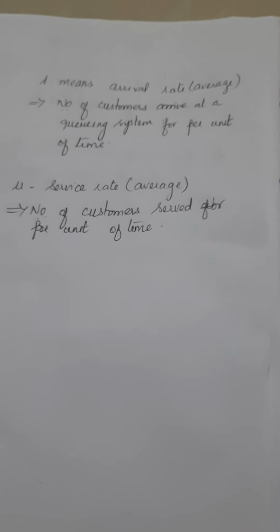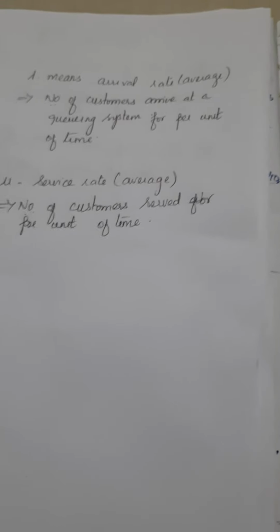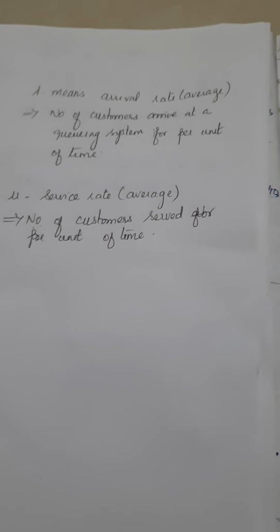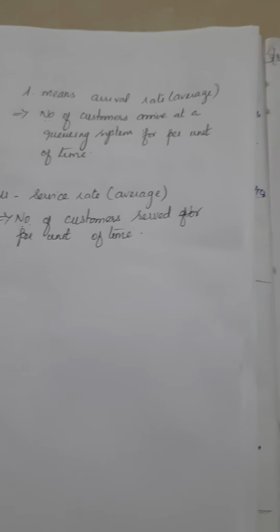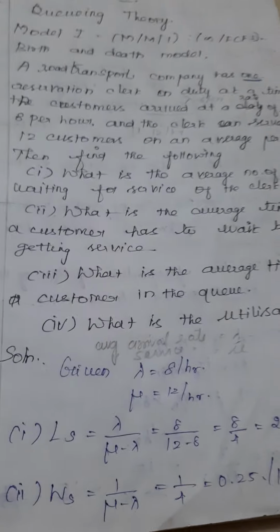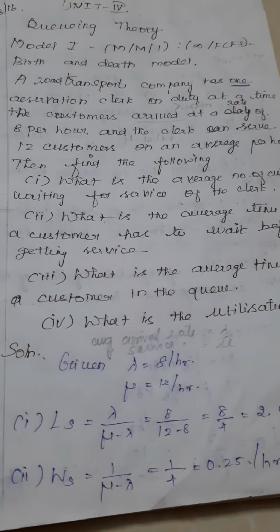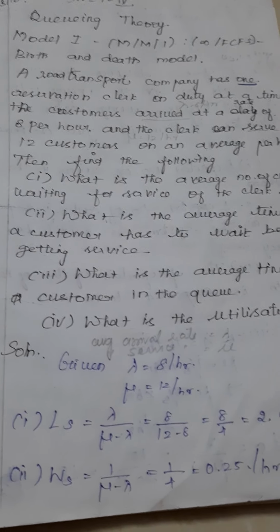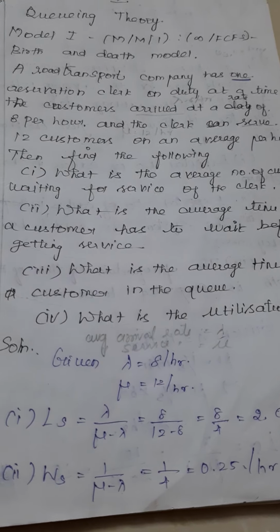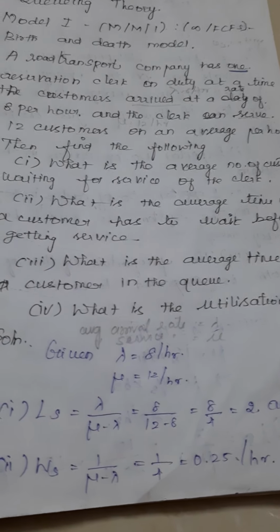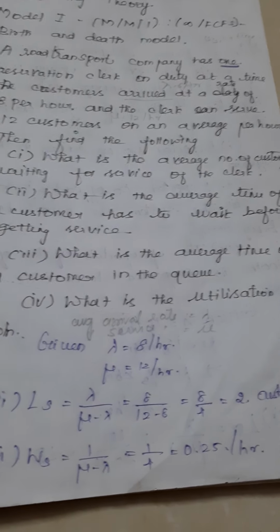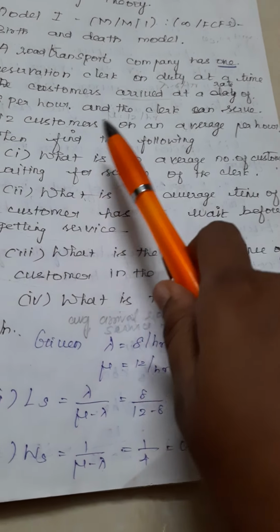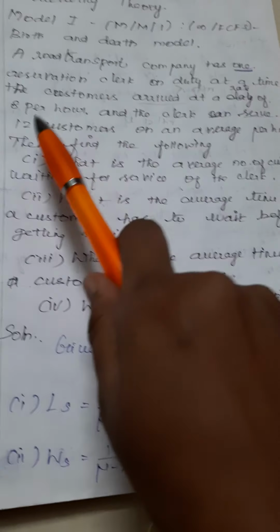Likewise, mu implies the average service rate, that is how many customers are served per unit of time. So in the first problem, the data talks about a road transport company which follows a single window server system, for which the customers arrive at a rate of 8 per hour.